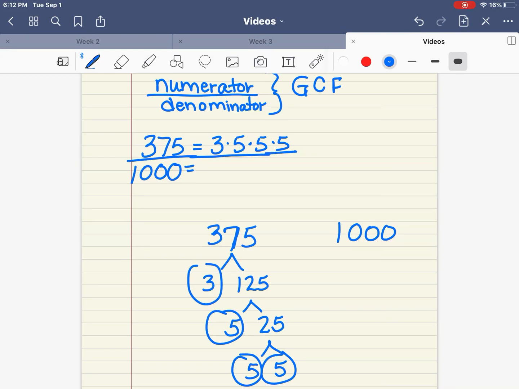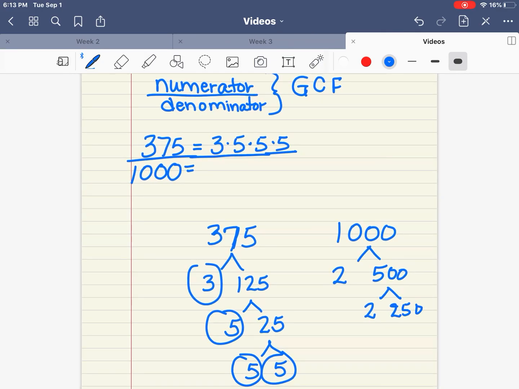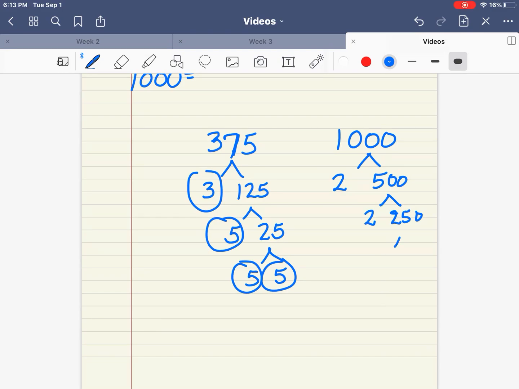Now let's do 1,000. This seems tedious, but it is always going to get you the lowest form if you do it. So I know 1,000 is an even number, so I know that 2 times 500 equals 1,000. 500 is an even number. I know that 2 times 250 equals 500. 250 is an even number. I know that 2 times 125 is 250.